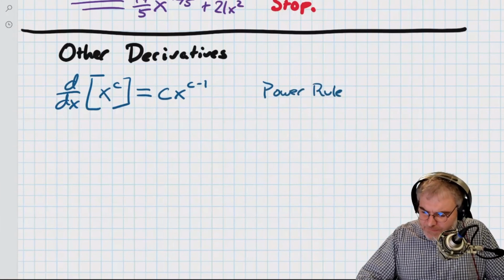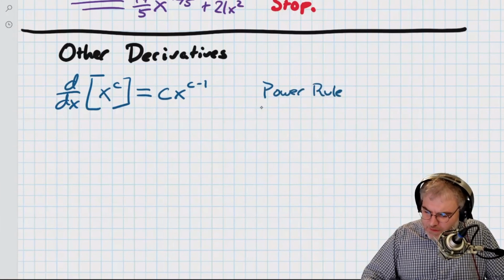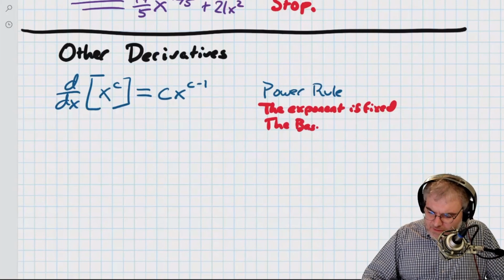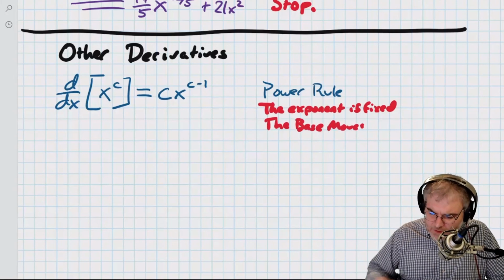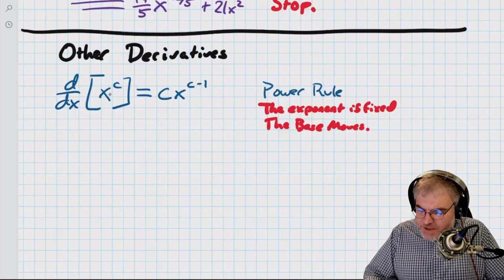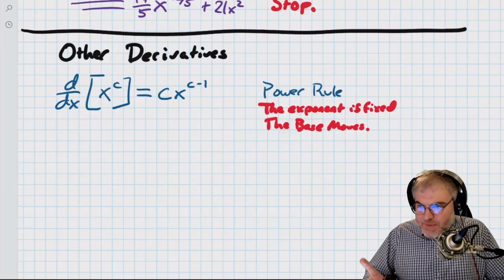Now, notice something. The exponent is fixed. The base moves. That's important. I'm nudging the base, not the exponent.